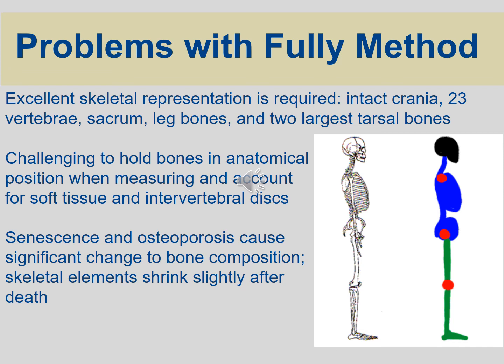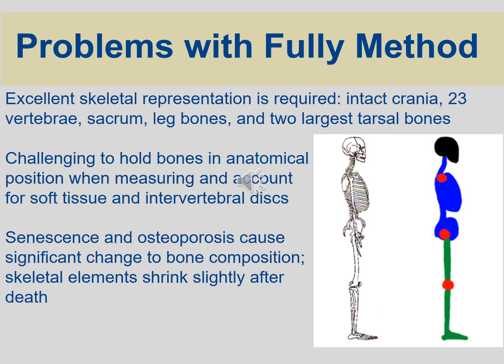Well, one way around this is some researchers have found ways to estimate little bits and components. If you're missing some vertebrae here or there, people have come up with equations to supplement and fix that.